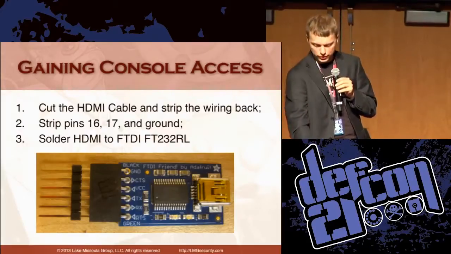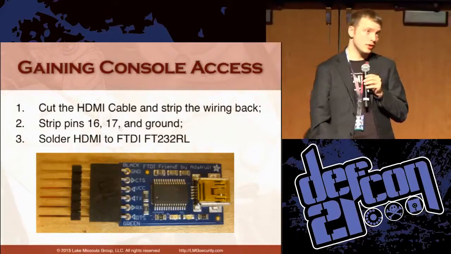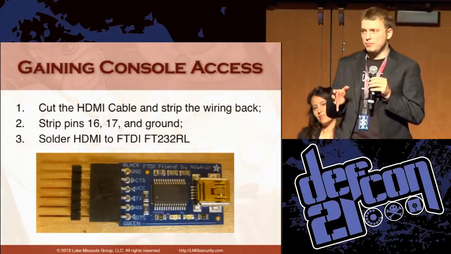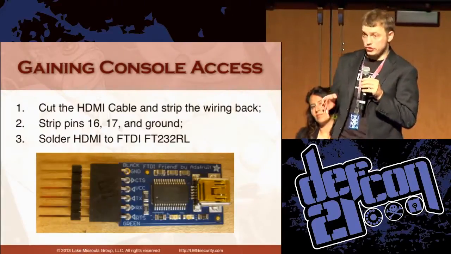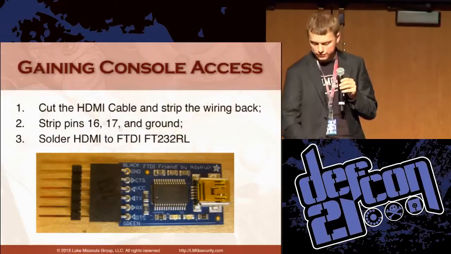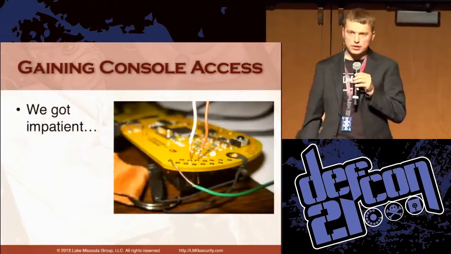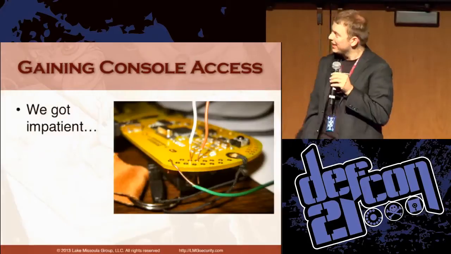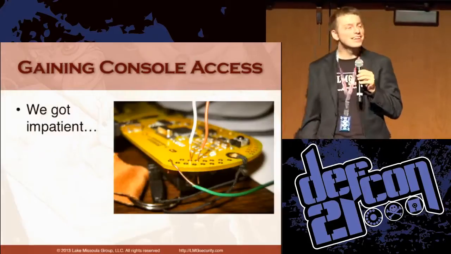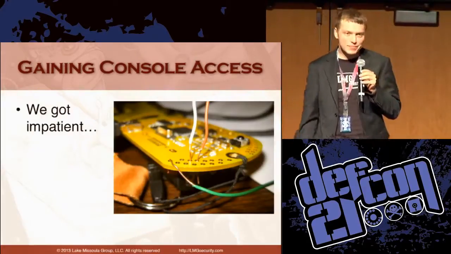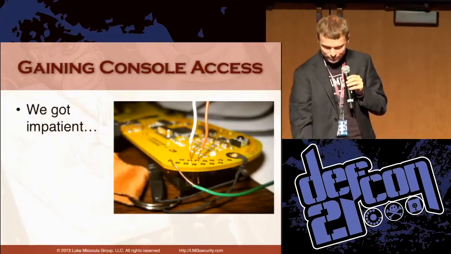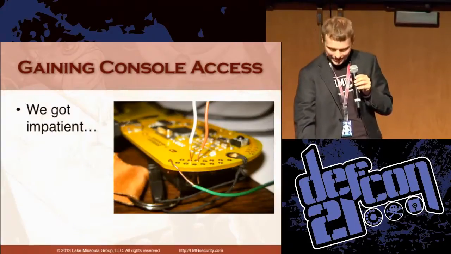It's like a $15 part or something. But I got really antsy while we were waiting for the shipping for this, and this was right after DEF CON last year. So I just grabbed my badge from last year, and since it had an FTDI connector on it, I ended up using that one. It's a little bit of a hack together solution, but I thought you'd enjoy that.